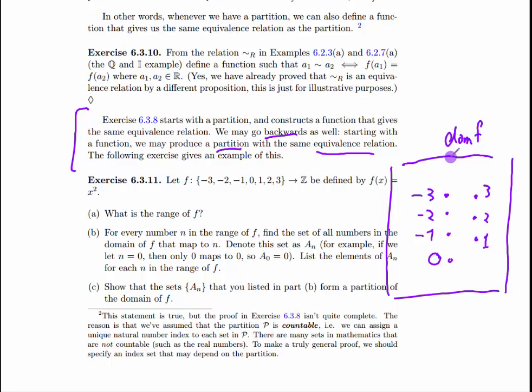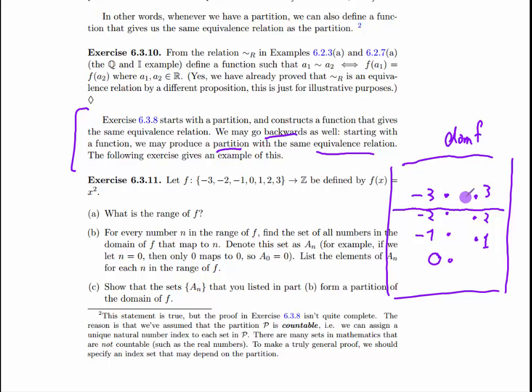Now I can define a relation based on this function. Here, f of x equals x squared. If I define a relation based on this function, I say that two elements are related if the value of the function agrees. In this case, minus 3 and 3 have the same value of the function, so these two are related. So I could draw a set here containing those two points.